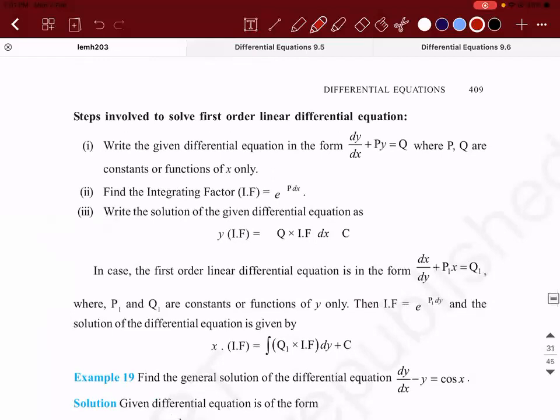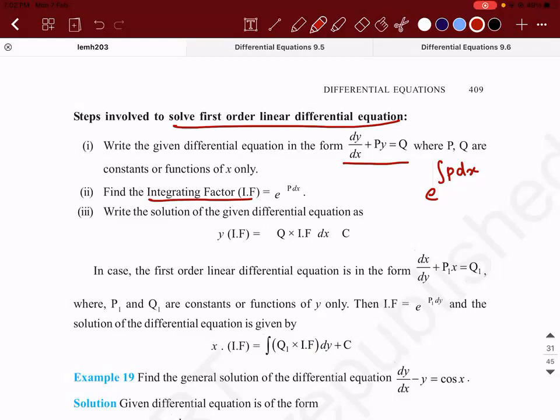So the steps involved in solving the first order differential equation: write the differential equation first in the form of dy by dx plus py is equal to q. Not every time they'll give you this form. Sometimes it is your responsibility to write it in this format. Then you will find something called an integrating factor, and that integrating factor is given by the formula e power integral of p dx.